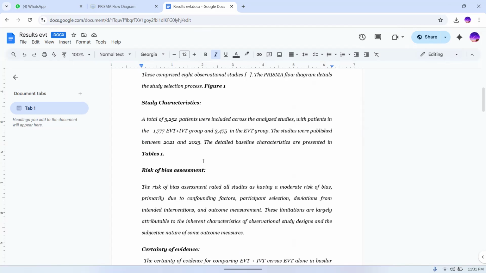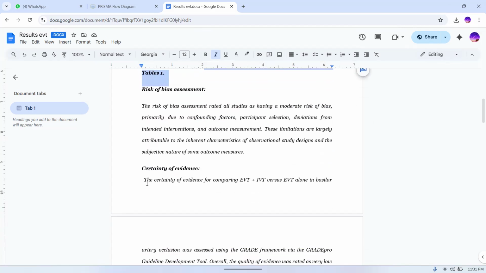You can mention it here, but don't extend the study characteristics paragraph. The sentence about the publication years is important. The rest, one or two sentences, you can add from your side. If you don't want to add any, just write that the detailed baseline characteristics are present in Table 1. Table 1 shall be your baseline table.